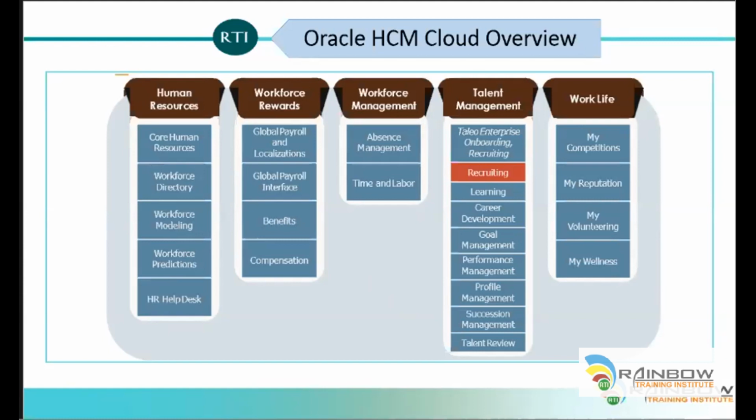You can also analyze your social influence within your workforce, engage in company volunteering projects, and promote a healthier work-life balance. So this is a quick overview of Oracle HCM Cloud. If anyone has any doubts on this, we can look at it, or if not, we'll look at the overview of recruitment.